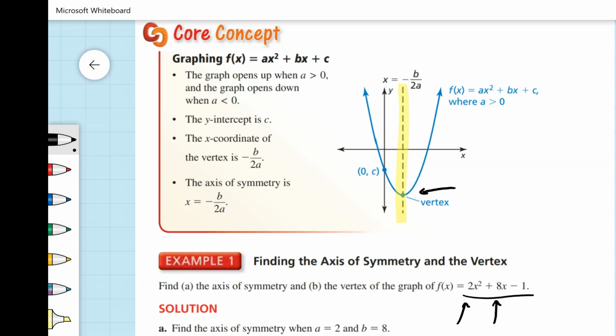So we take the function f of x equals 2x squared plus 8x minus 1, and we substitute negative 2. So negative 2 squared would be 4, and 2 times 4 is 8. 8 plus negative 16 minus 1. So that would give us negative 8 minus 1. We get negative 9. So we know that our vertex would be at the point negative 2, negative 9.